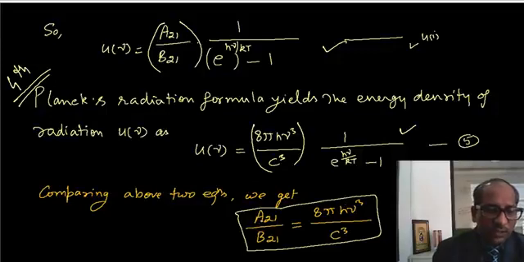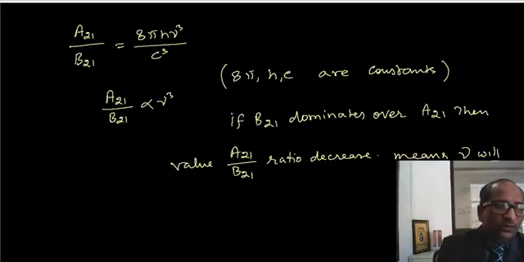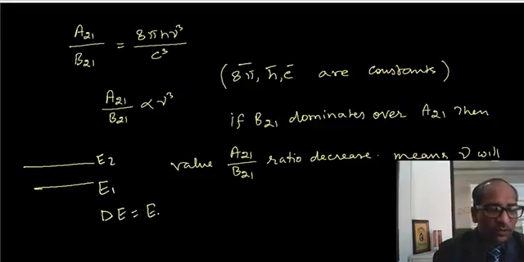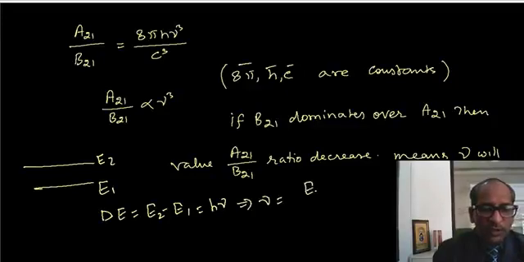Here on the left hand side, you observe only these two constants A21 B21, and out of these, 8 pi h c are constants, and nu is the frequency. As you know, if there are two states E1 and E2, we have already determined that delta E is equal to E2 minus E1 is equal to h nu, or further you can say nu is equal to E2 minus E1 upon h.